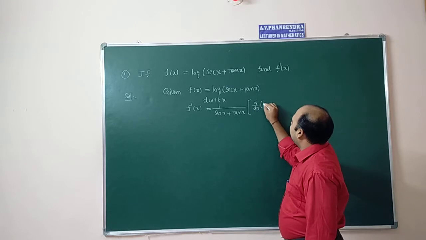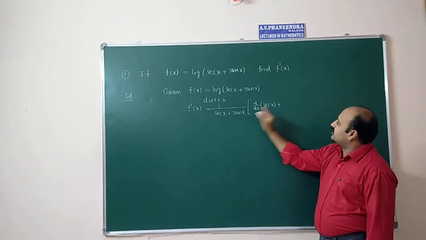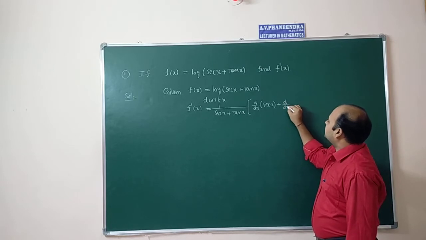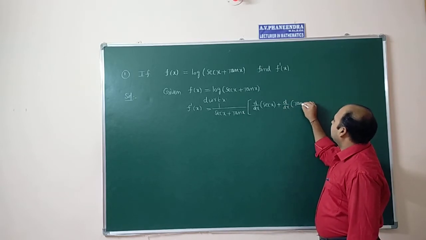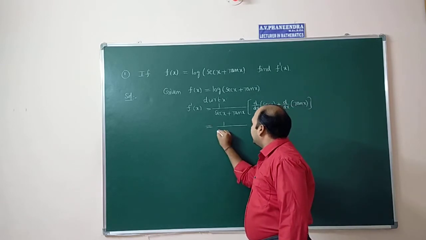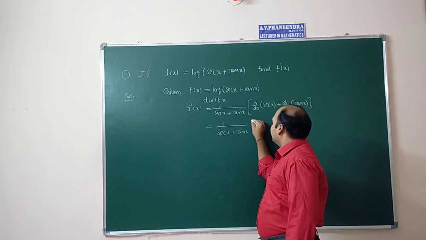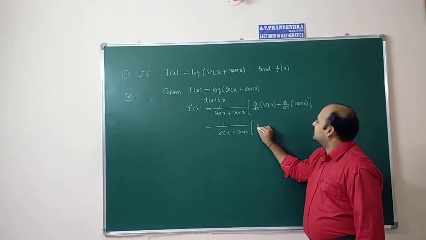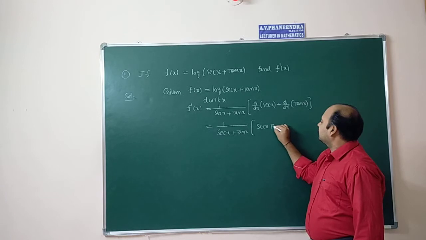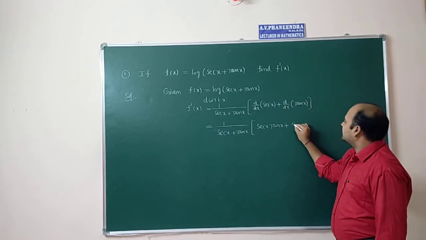In this problem each and every term I am writing, otherwise in the next question I will write directly. D by dx of secant x is secant x tan x, and d by dx of tan x is secant square x.